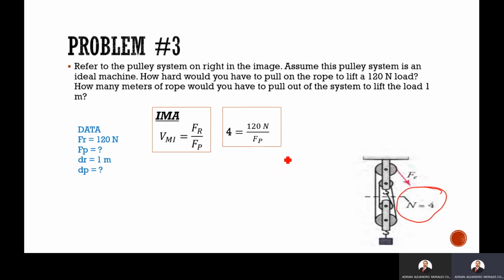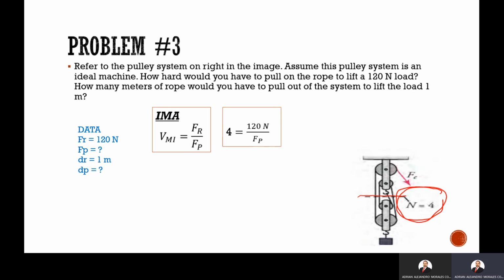We can see on the image on the right that we have n equals 4. That's the number of ropes. If you draw a horizontal line over the system like this, you will cross over 4 ropes. That's why 4 is the number of ropes.